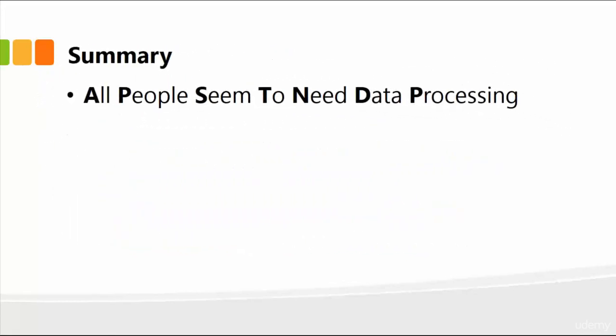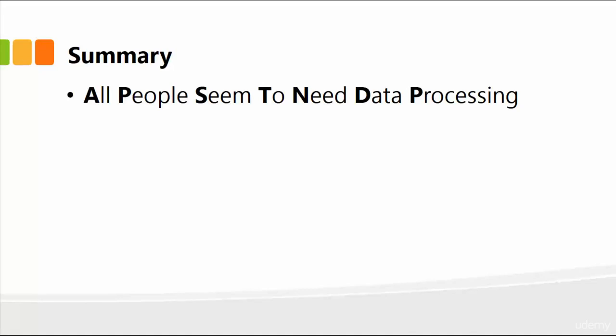All right, let's summarize and revise. Here's the question for everyone: "All People Seem To Need Data Processing." We memorized this in our previous lessons. These are the OSI layers. Let's go ahead. What stands for A? Application. Great. Then we have Presentation. Perfect.